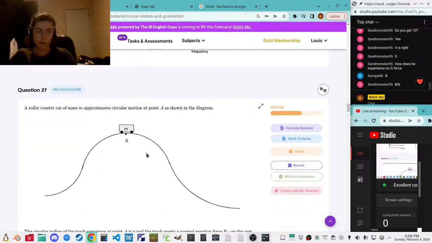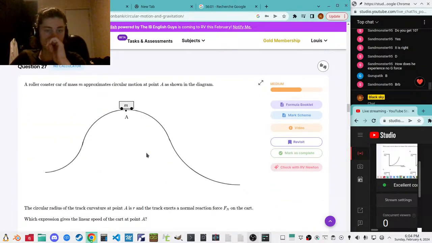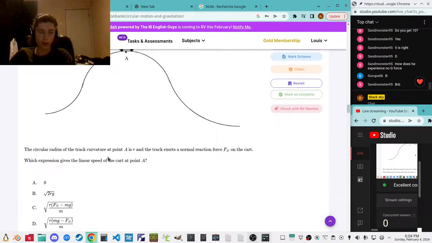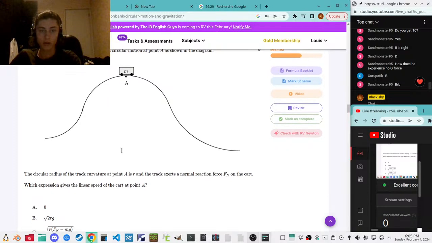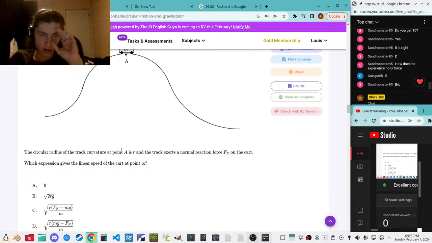A roller coaster of mass M approximates a circular motion at point A, as shown on the diagram. The circular radius of the track curvature at point A is R, and the track exerts a normal reaction force Fn on the cart. Which expression gives the linear speed of the cart at point A? It approximates circular motion.